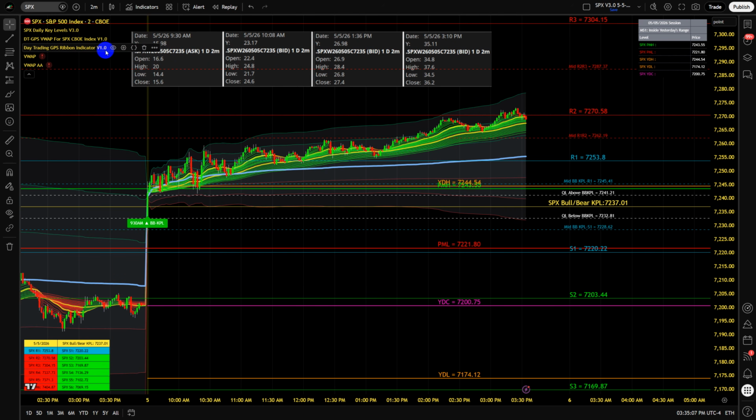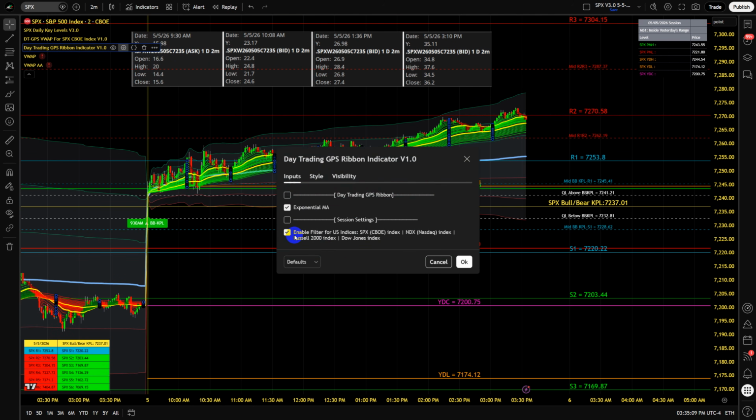Also, our ribbon indicator includes an optional filter for US indices for SPX, NDX. It also works on XSP as well, even though that's not listed here, as well as the Russell 2000 index and Dow Jones index and any other US-based index that opens up at 9:30.